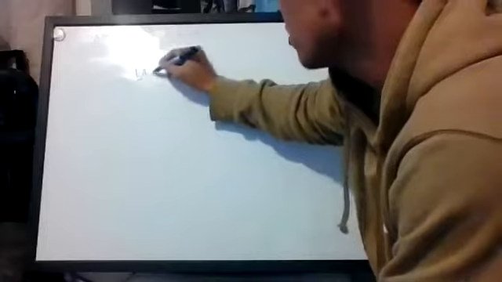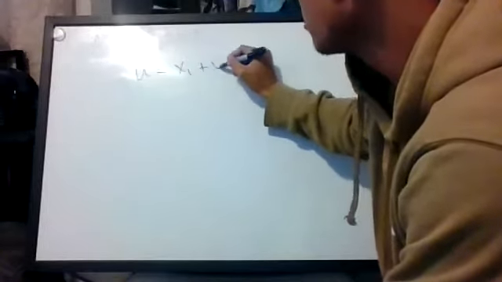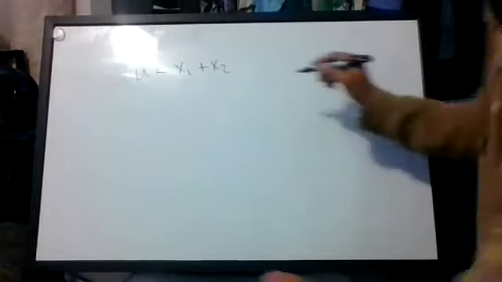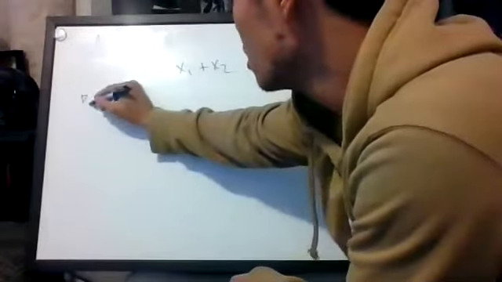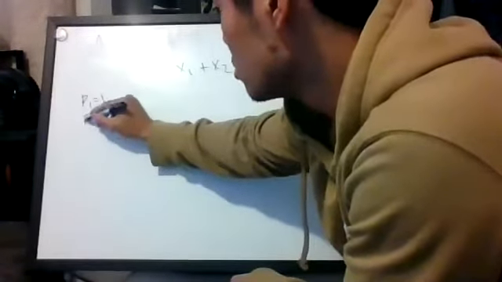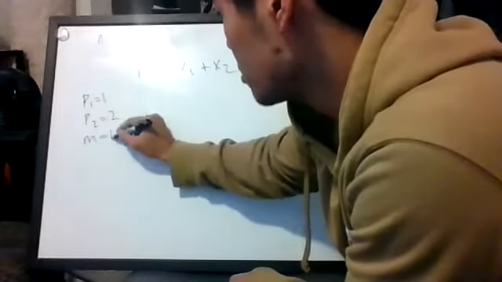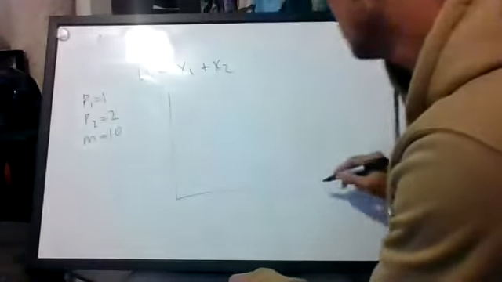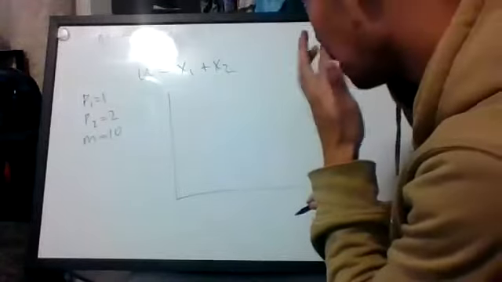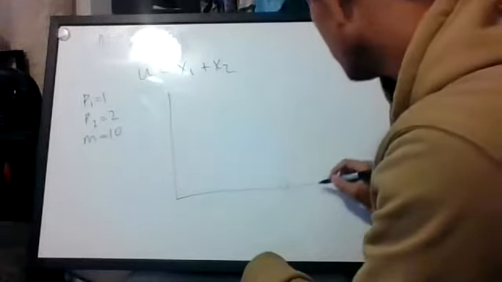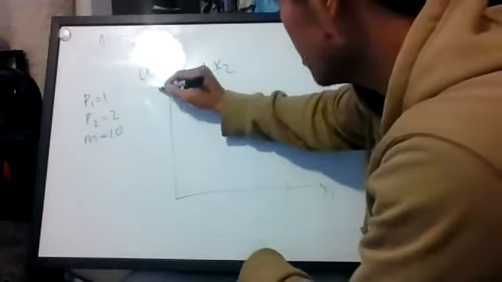So let's just say that utility is equal to x1 plus x2, and that p1 equals 1, p2 equals 2, m equals 10. So let's say x1 and x2 right here.